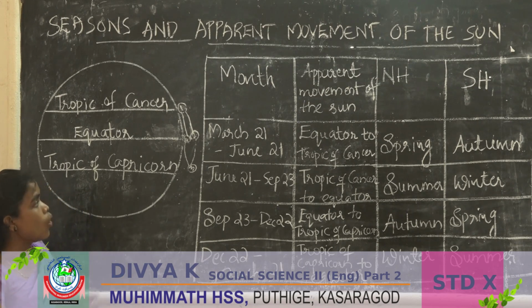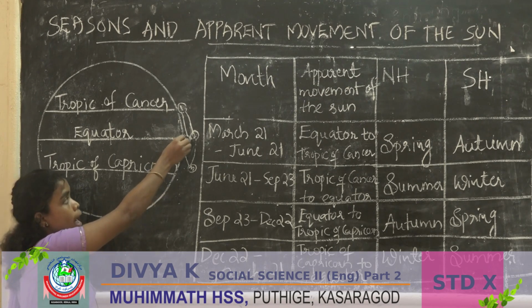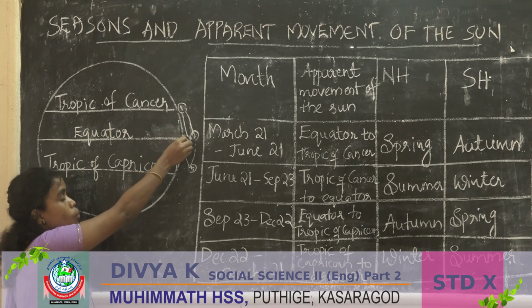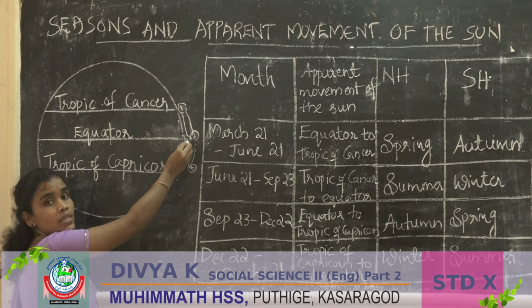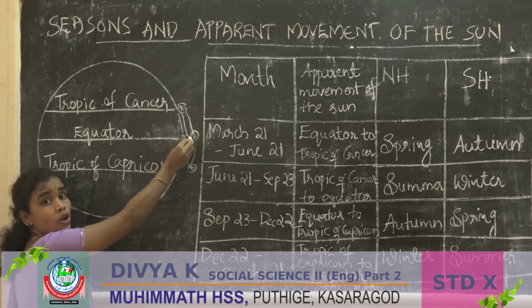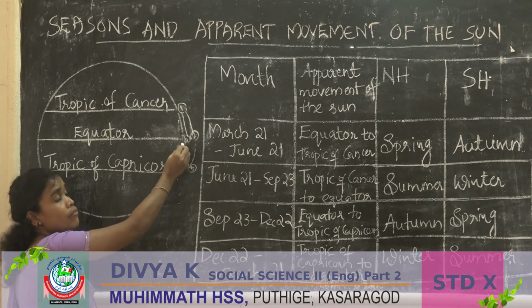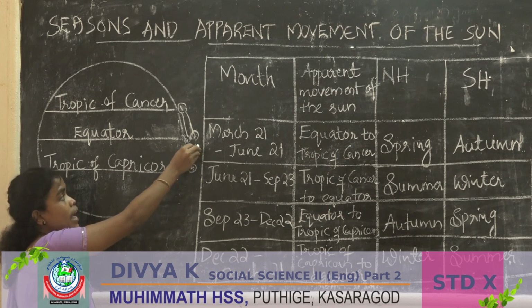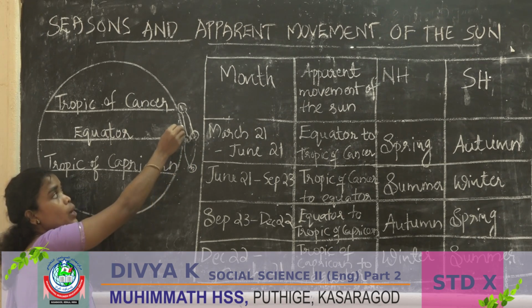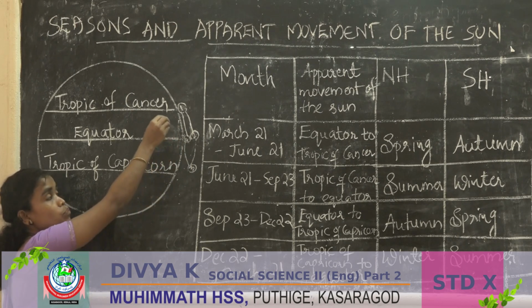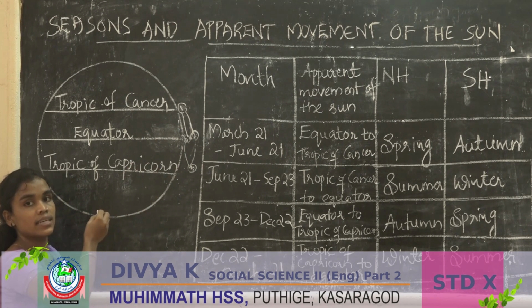We already discussed that. That is March 21 and September 23. The position of the sun is in where? Equator. At that time it causes equal day and night in both northern and southern hemisphere.